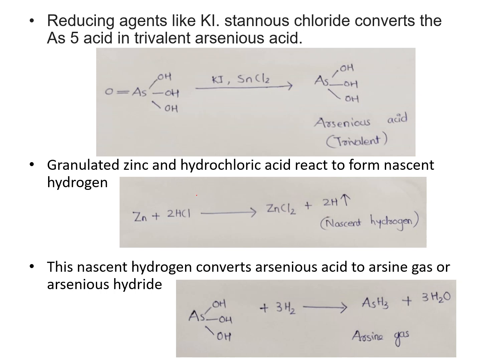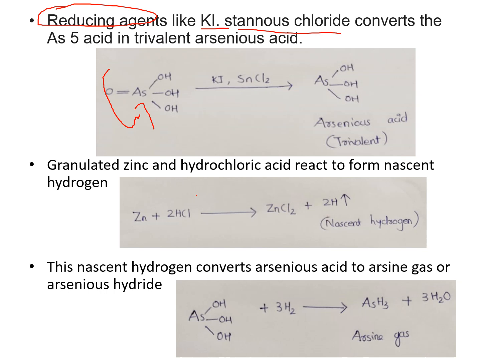The next step is using reducing agents like potassium iodide and stannous chloride. What is the role of potassium iodide and stannous chloride? The pentavalent impurity is converted into trivalent. Potassium iodide and stannous chloride are reducing agents, which reduce it.